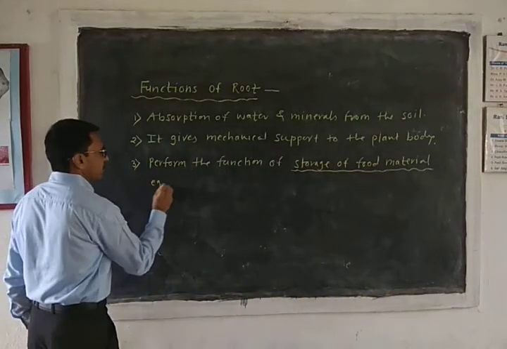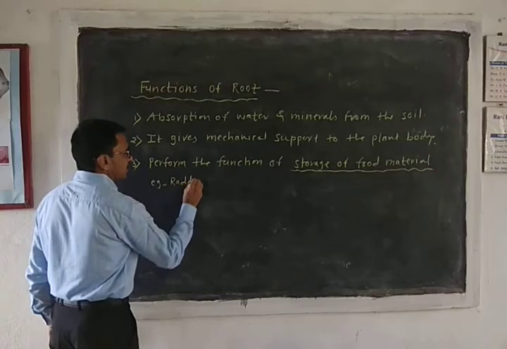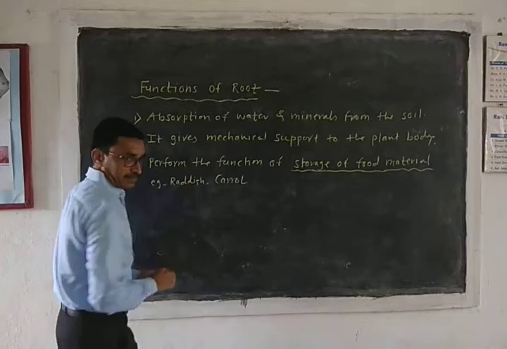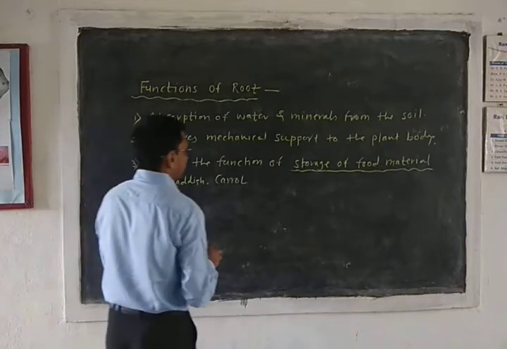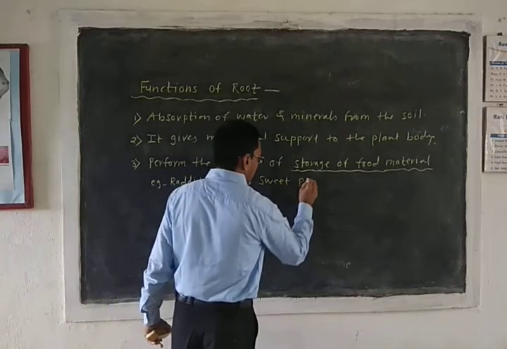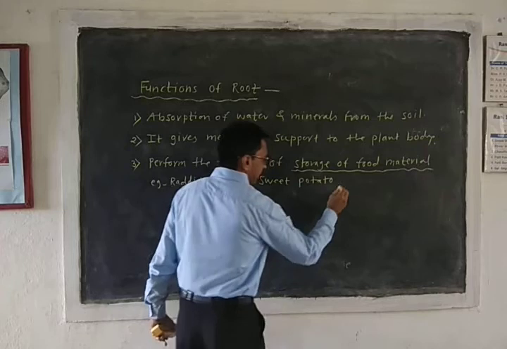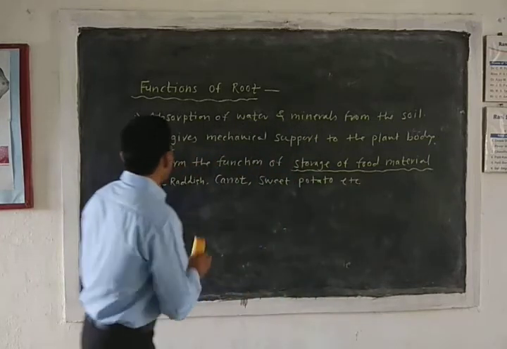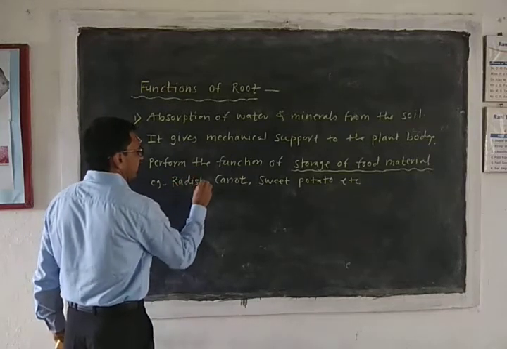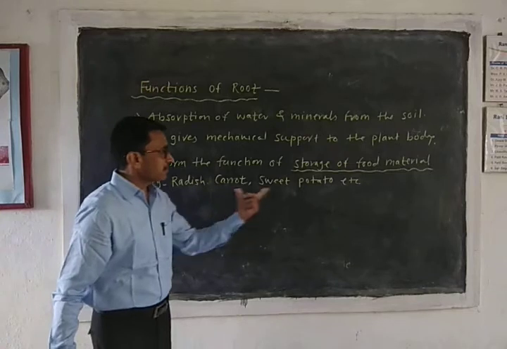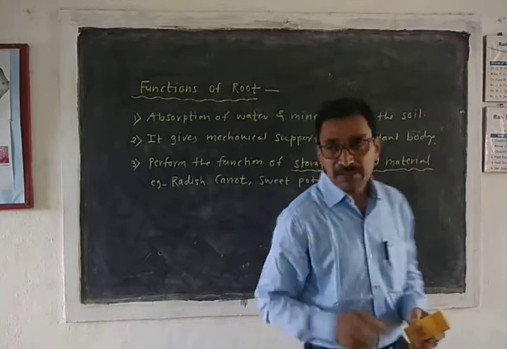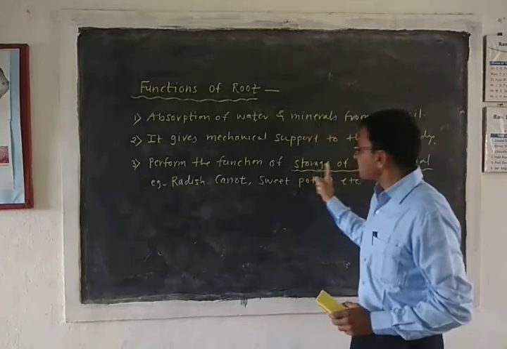Example: radish, carrot, sweet potato, etc. In the case of radish, carrot and sweet potato, these are the roots, and here the roots perform the function of storage of food material.